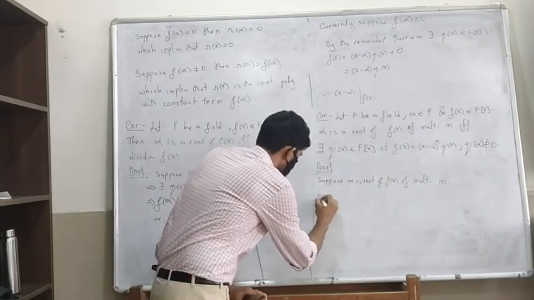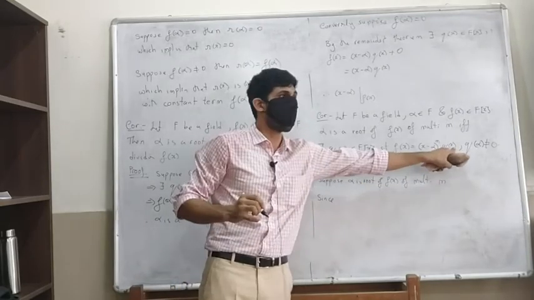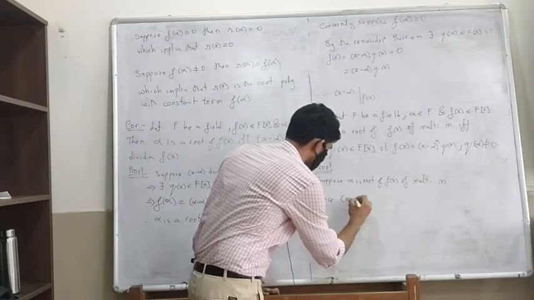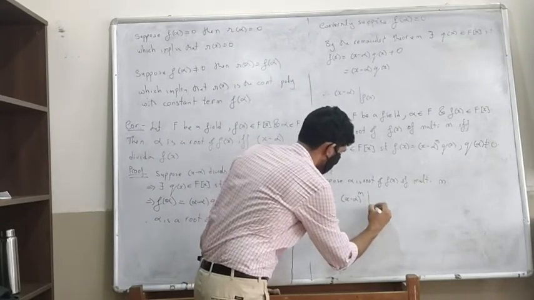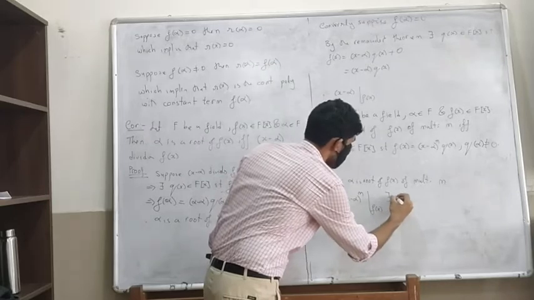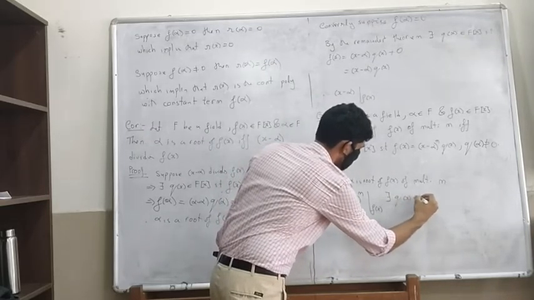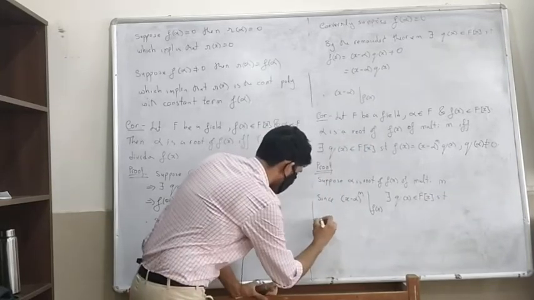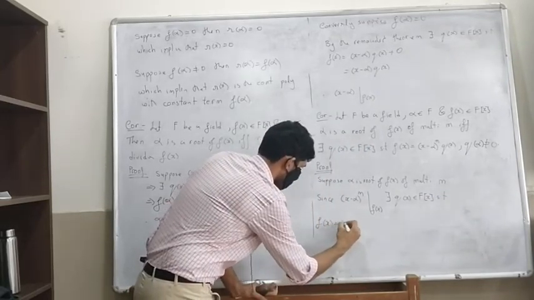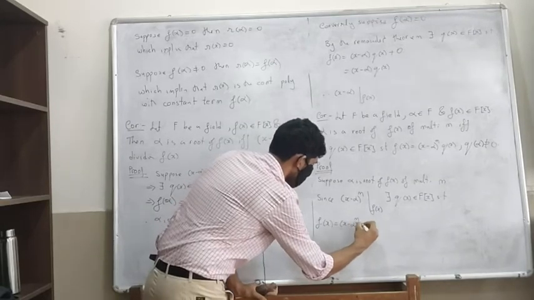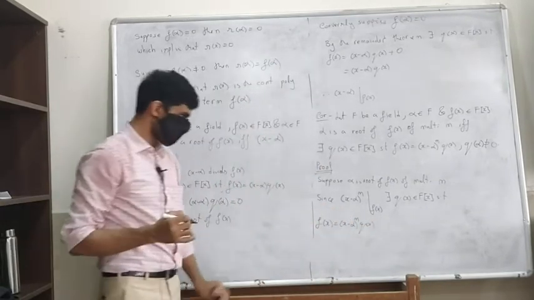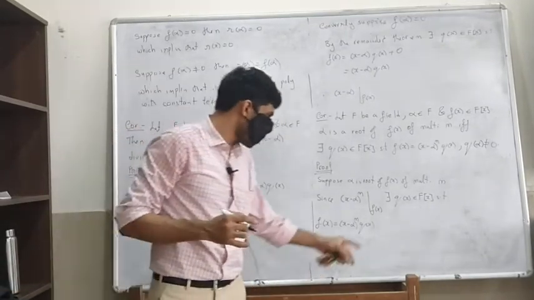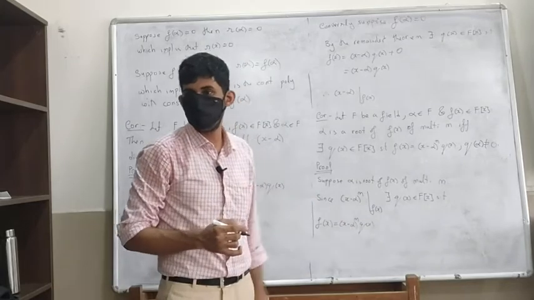Since x minus alpha raised to m divides f of x, there exists some q of x in F[x] such that we can write f of x as x minus alpha raised to m times q of x. So we have this. Now I need to say that this q of alpha is non-zero.